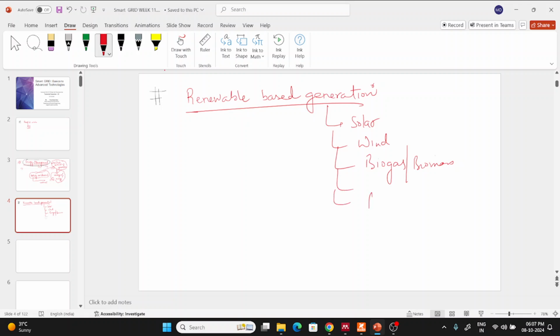There are also various fuel cells, batteries and supercapacitors. But majorly there are two kinds, which are solar and wind.